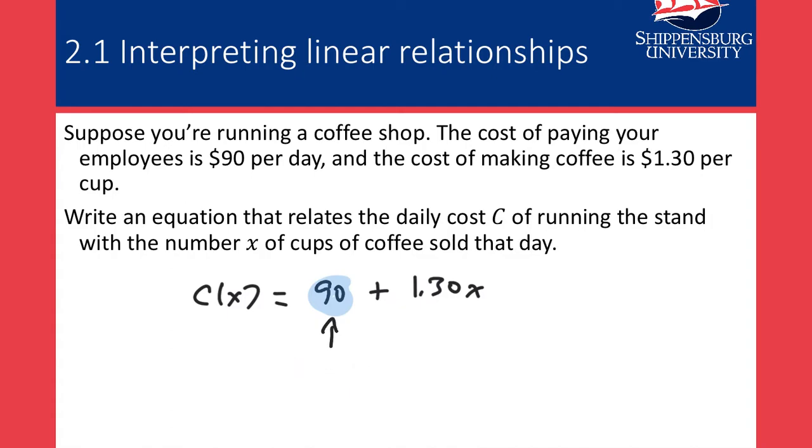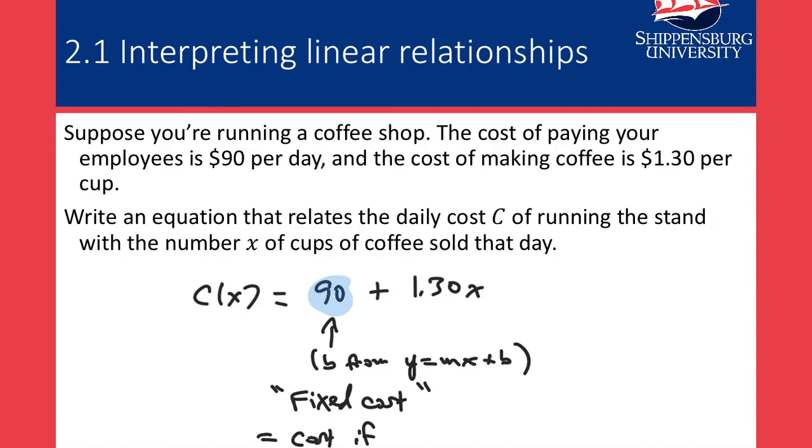In the mx plus b form, that's the b. So when you think of the y equals mx plus b, that's the b part. We refer to this as fixed cost. So this is the cost when x is 0. In other words, if you sell no coffee at all, then your coffee shop will still cost you $90 to be open for that day.